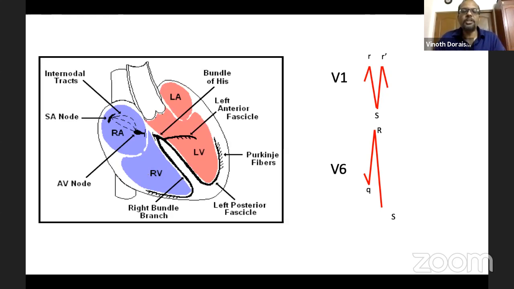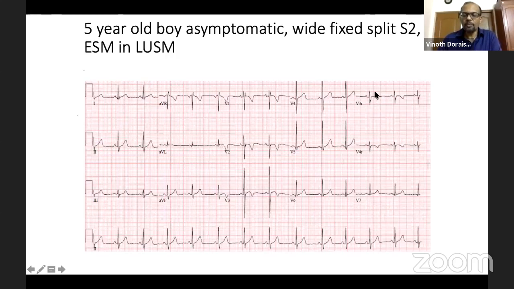So the terminal part of the QRS complex is delayed. And because V6 is a left-sided lead, you will get an S wave, and the slurring of the S wave will happen. So the terminal part of the QRS complex is only slurred, because of the delayed right ventricular depolarization. So this is the right bundle branch block. So basically, you get an RSR dash pattern in the right-sided leads, and the terminal part of the QRS complex is only slurred or widened.